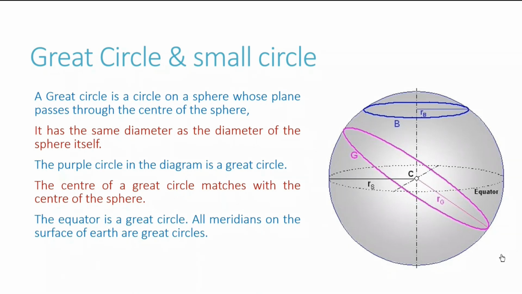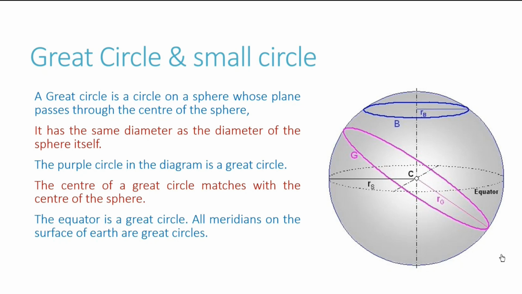If these points are diametrically opposite, then we can have an infinite number of great circles passing through them. Like you have in the case of poles. The poles are diametrically opposite, so there can be infinite number of great circles that can pass. As an example, all the meridians 0 to 180 degree east and west are all great circles, and they are all passing from these 2 points, that is the North Pole and the South Pole.